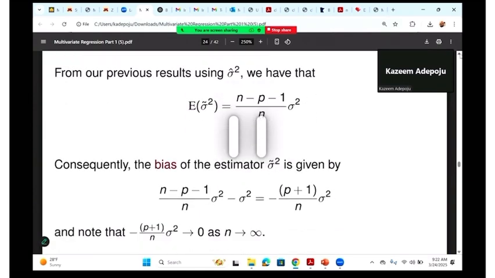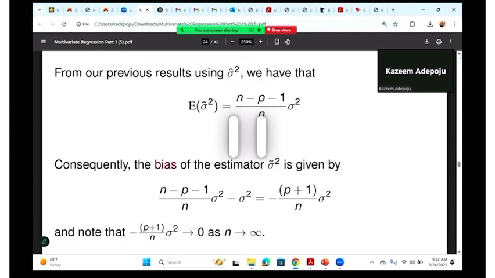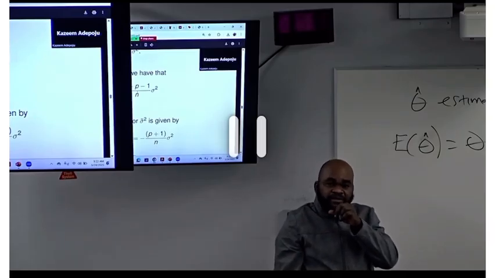If it were unbiased, then for an estimator theta cap, the expected value of the estimator should be equal to its parameter value.